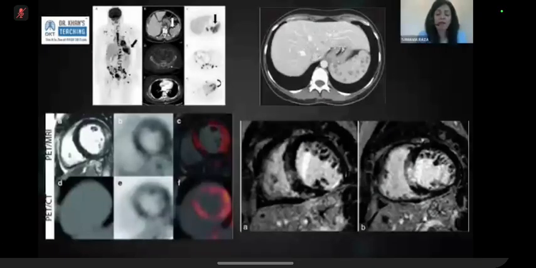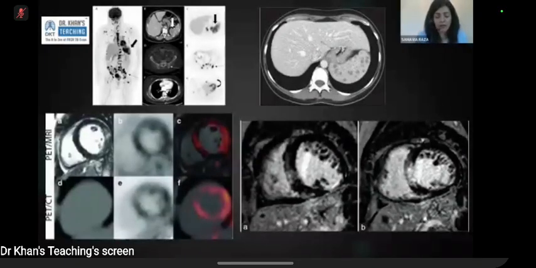So that part of the heart shows as late gadolinium enhancement on late GAD images in cardiac MR. So mid-wall enhancement is very typical for infiltrative cardiomyopathies, and sarcoidosis is one of them.